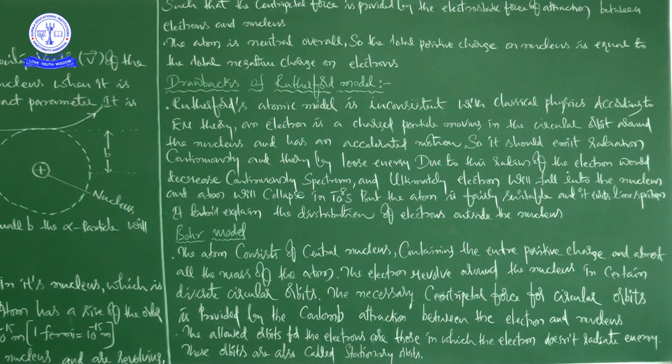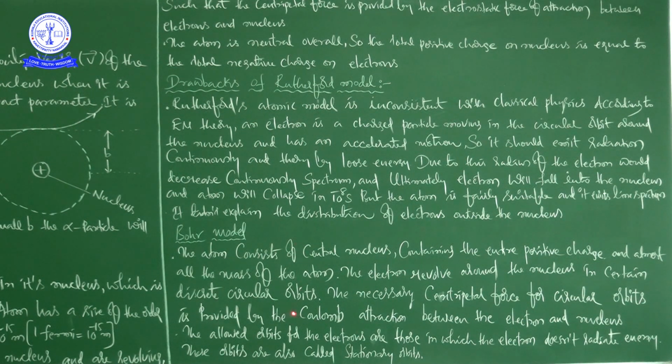The electron revolves around the nucleus in certain discrete circular orbits. The necessary centripetal force for circular orbits is provided by the Coulomb attraction between the electron and the nucleus.